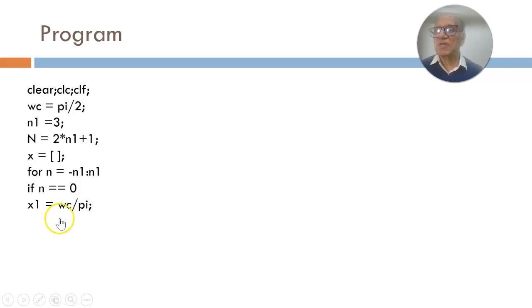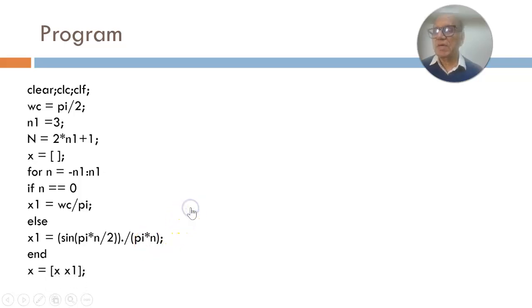If n is equal to 0, we know that it is omega c divided by pi, by applying the limits. We had already seen this. Else x1 is given by this particular equation. Okay. Then you append this x1 to x. So initially you started with null. Now it is appended. This ends.